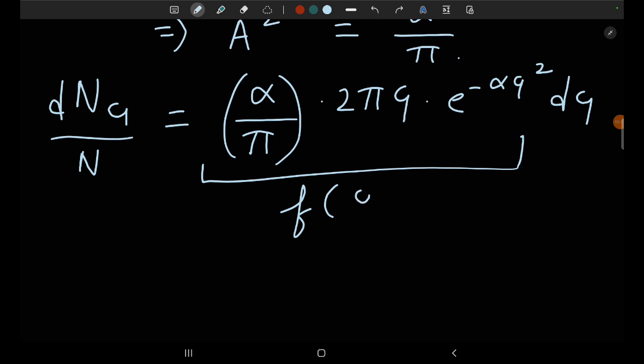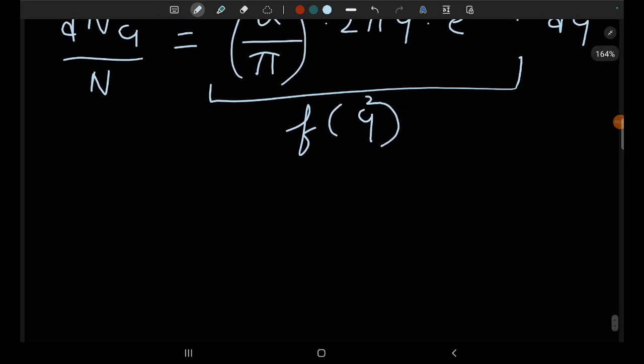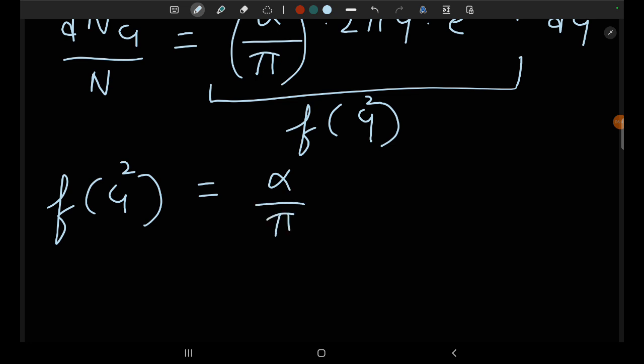Let's call this function fc1, the probability density function for the 2D distribution.